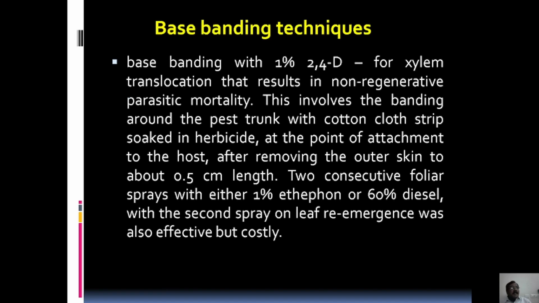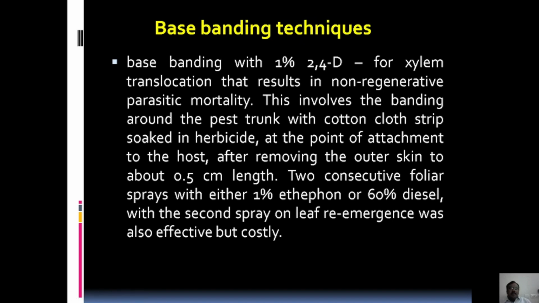And the base banding technique, which is specifically developed for the mango tree to get rid of this giant mistletoe Loranthus, includes application of 1% 2,4-D to prevent the xylem translocation, which results in non-regenerative parasitic mortality.